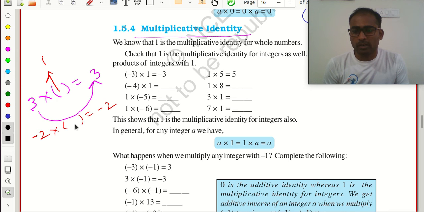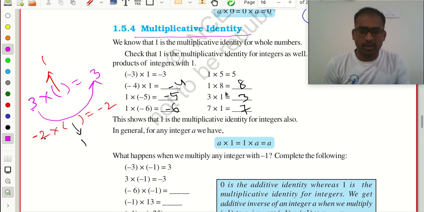So here what do I need to put? 1 only. So here minus 2 multiplied with 1 is minus 2. 3 multiplied with 1 is 3. Here minus 4 into 1 is minus 4. 1 into minus 5 is minus 5. 1 into minus 6 is minus 6. 1 into 8 is 8. 3 into 1 is 3. 7 into 1 is 7. Means we need to understand, here this 8 and this 8 are equal, this 3 and this 3 are equal, this 7 and this 7 are equal.